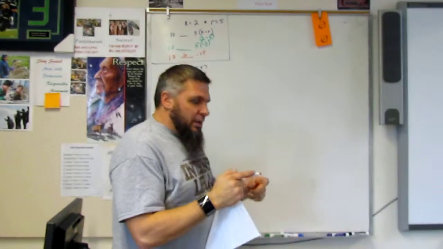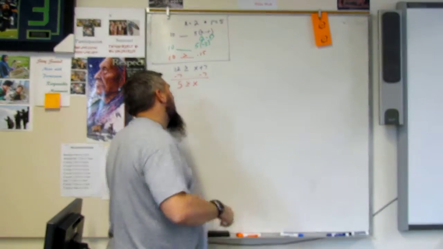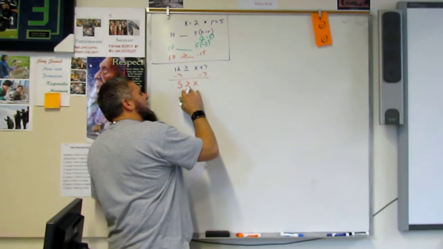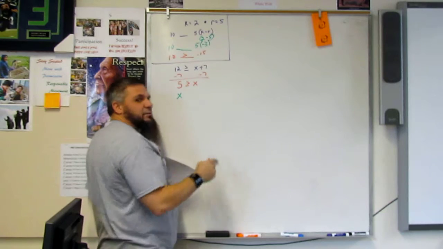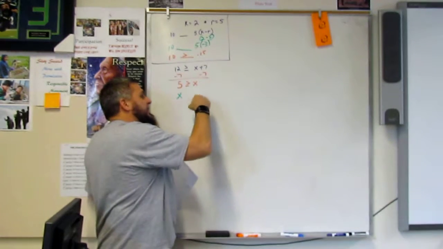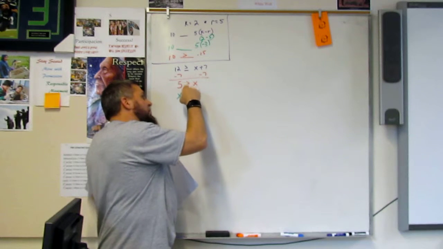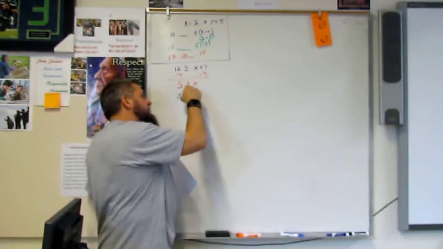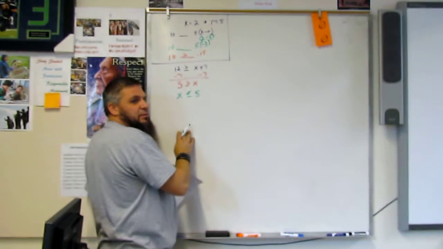Okay? Now from here, I want to graph it. To be able to graph it, I need the x on this side, right, Luis? Yeah. And I need the 5 on this side. And what I'm pointing at, I'm going to continue to point at. Since it's pointing at the x, I'm going to continue to point at the x.